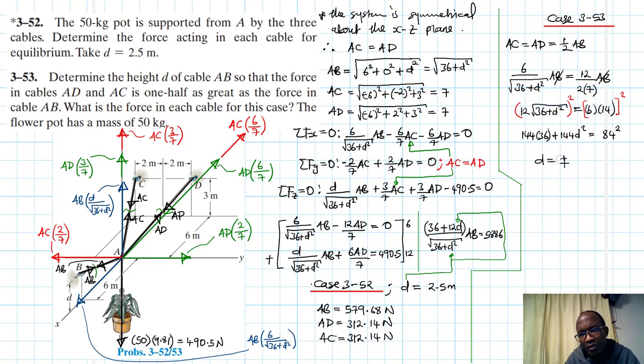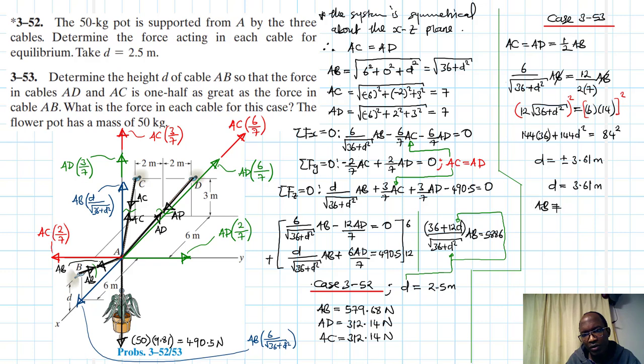This is going to be 84 squared minus 144 by 36, divided by 144, root of that, then we'll have 3.61 meters, right? Therefore our D is just going to be equal to 3.61 meters.